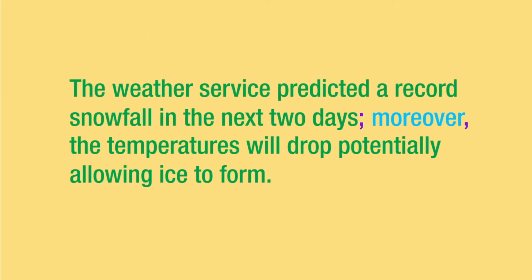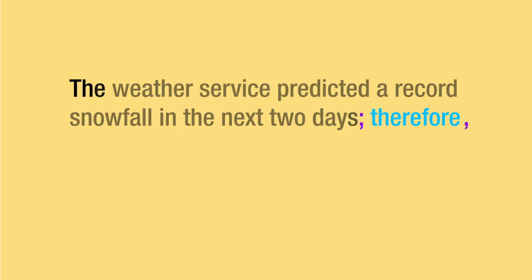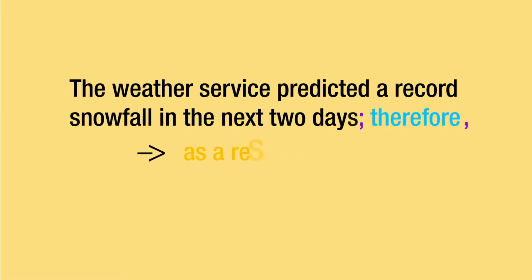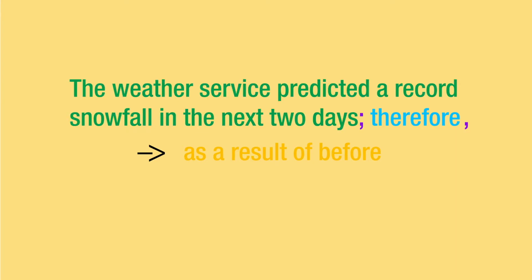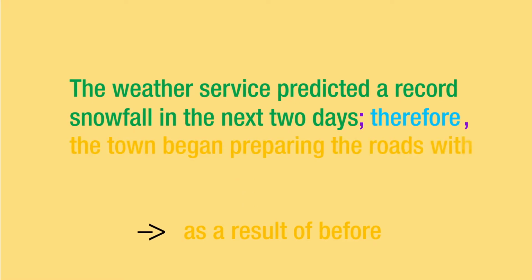Now, if we change that transition word to therefore, well, now what should come after the Weather Service predicted record snowfall in the next 2 days, therefore, needs to be a result or a conclusion or an effect of that. So the cause was predicted snowfall, and the effect is the town began preparing the roads with salt to ensure safe travel.